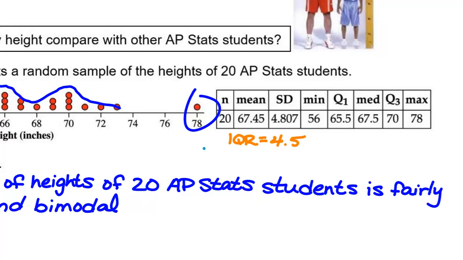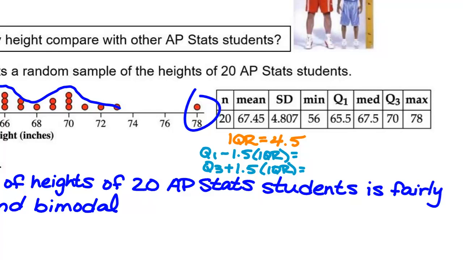So to check for our outliers, we're going to do Q1 minus 1.5 times our IQR, and Q3 plus 1.5 times our IQR. That means our lower boundary comes in at what?